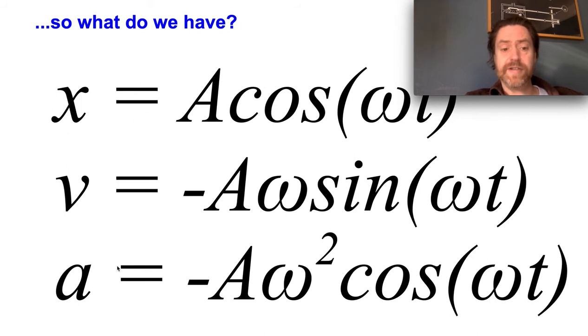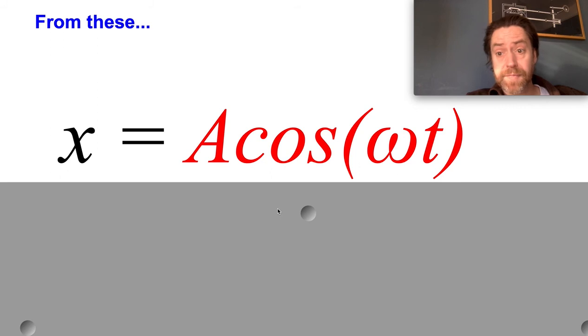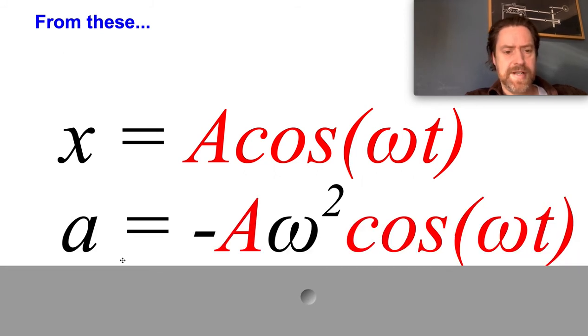displacement equation and the acceleration equation. In fact, it's easier to do if I highlight this in red. So the displacement is a cos omega t. Let's look at what we've got for acceleration. The acceleration is minus a, there's an a, omega squared cos omega t.